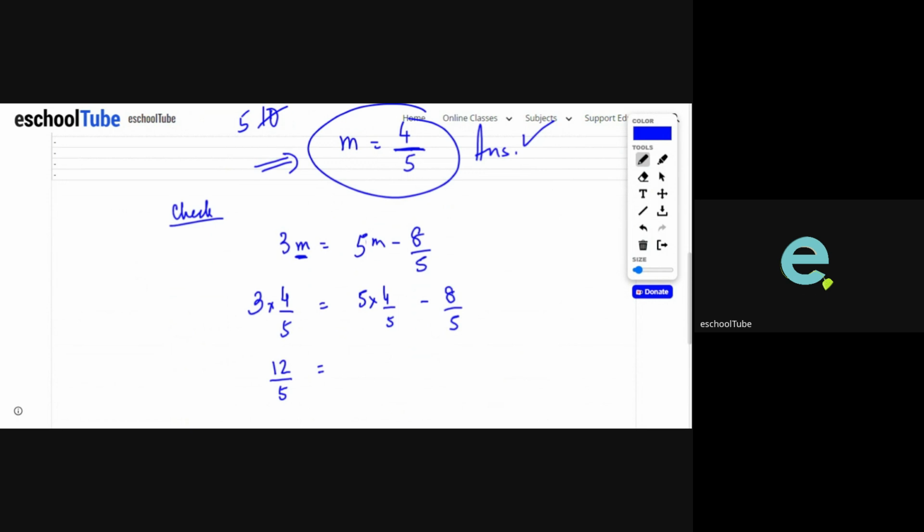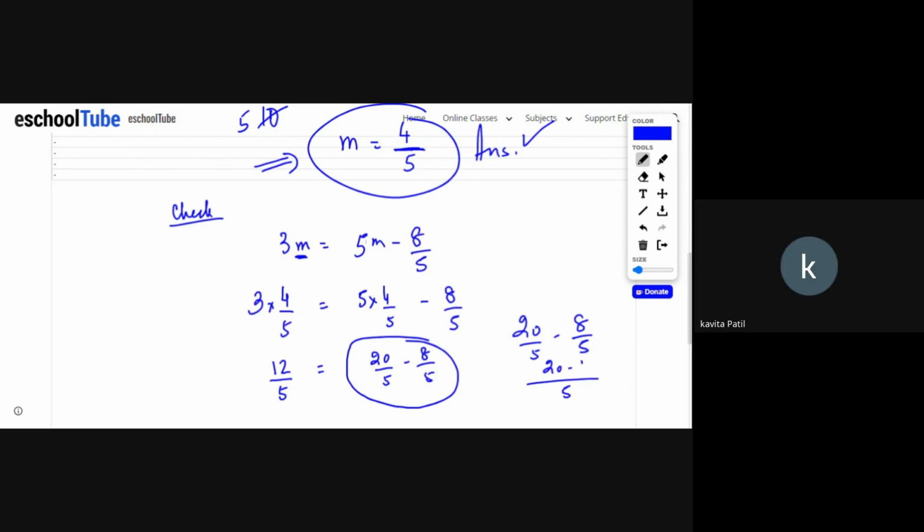और राइट हैंड साइड क्या है? 20/5 minus 8/5. तो इसको सॉल्व करो. 20/5 minus 8/5. Now they are like fractions. LCM will be 5 only. So you will get, sir, 12/5.